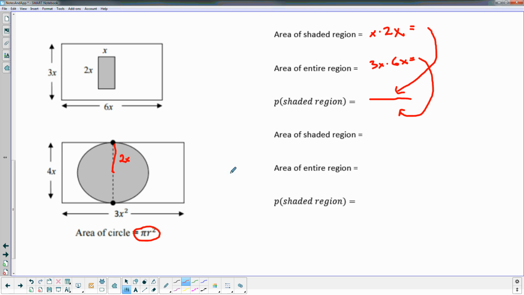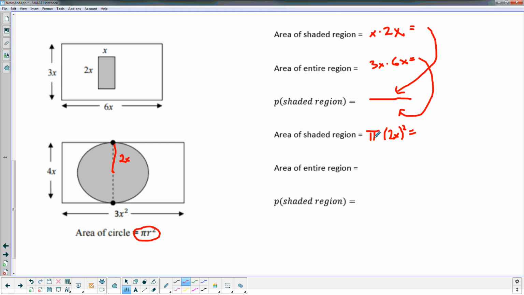So in finding the area of the shaded region, it is a circle. I know it looks kind of squished on there, but it's going to be pi times the radius squared. We just said the radius was 2x. And so we have to take that 2x and square it.